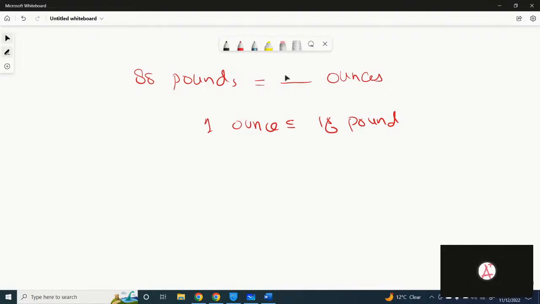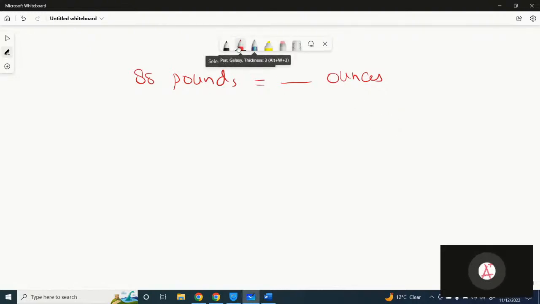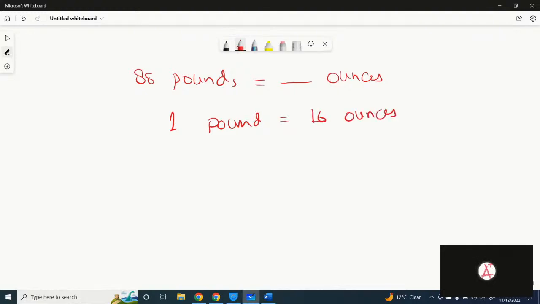I have written 1 pound equals 16 ounces. Okay, so it is 1 pound over 16 ounces. Got it?